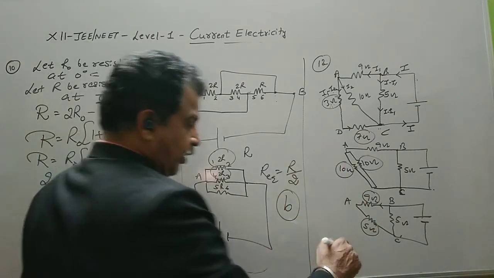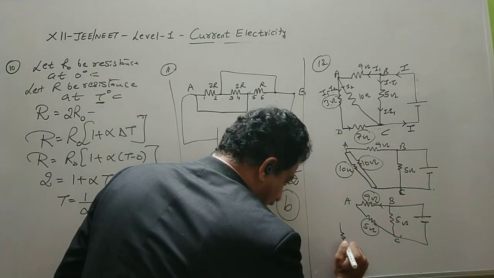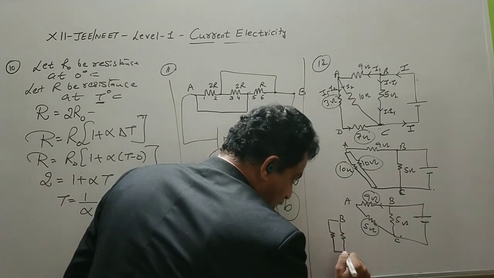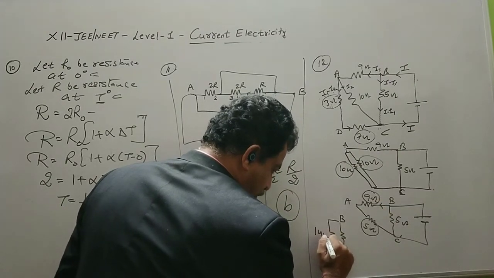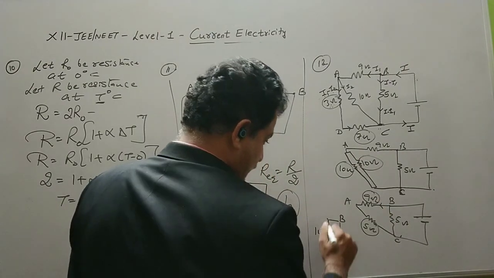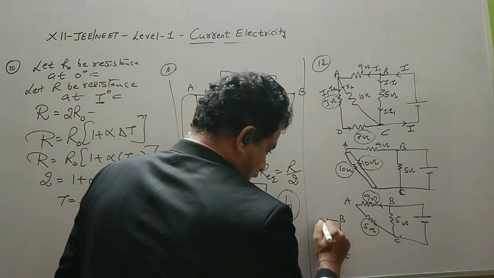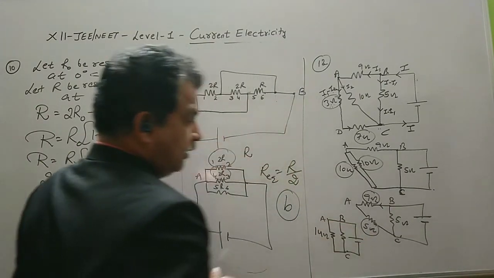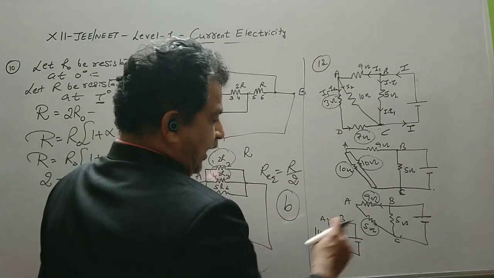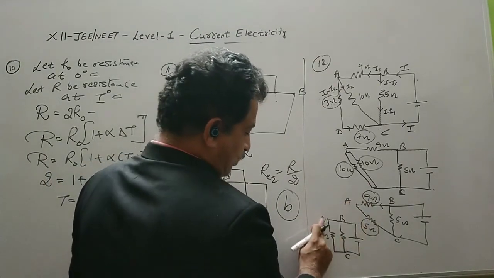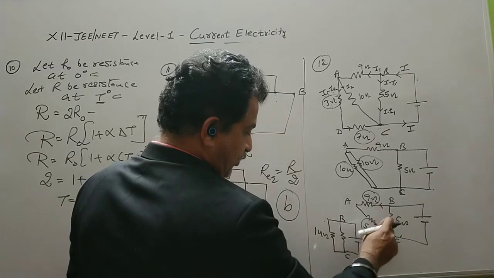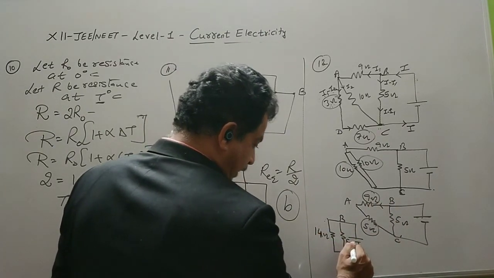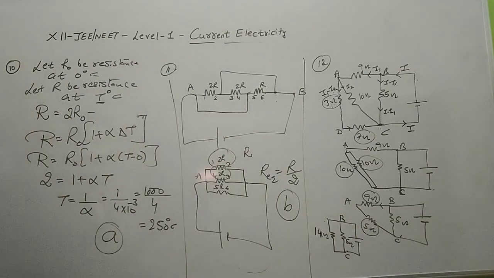So we again redraw this diagram, and in the last diagram we have this 9 plus 5, 14 ohms, and again between B and C we have a cell. So between A and C, now this A point is gone, we are left with 9 plus 5, that is 14 ohms. So 14 ohms is in parallel combination with the 5 ohms.